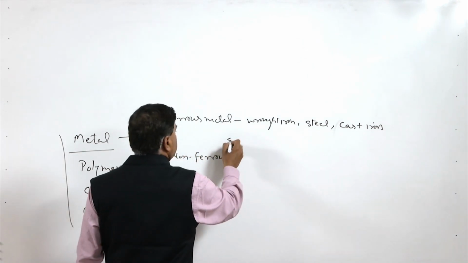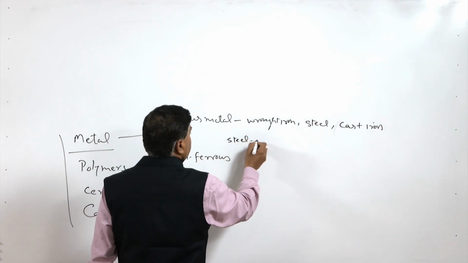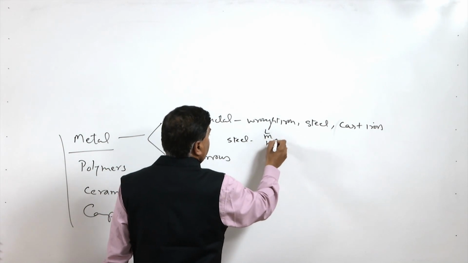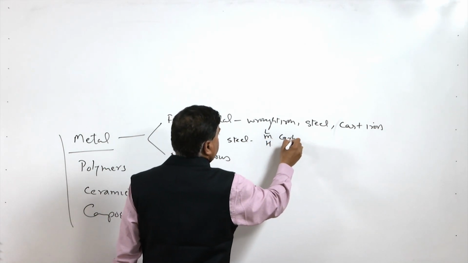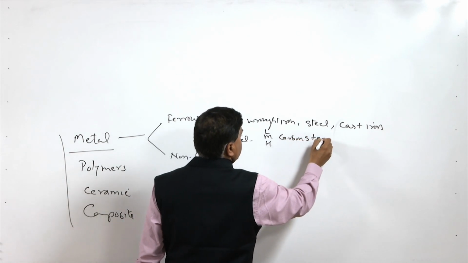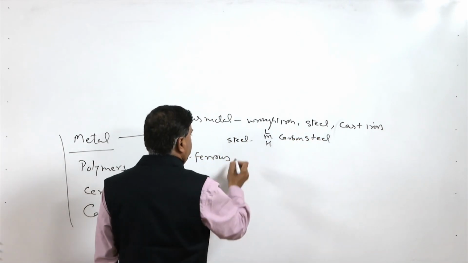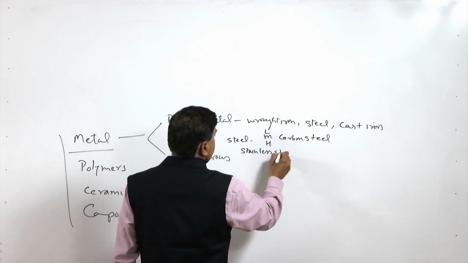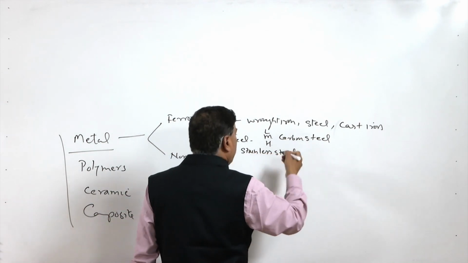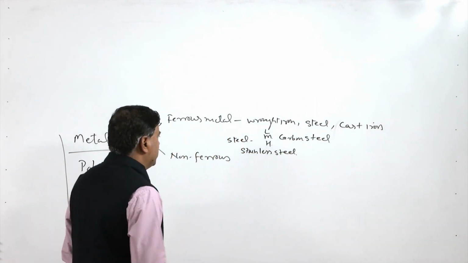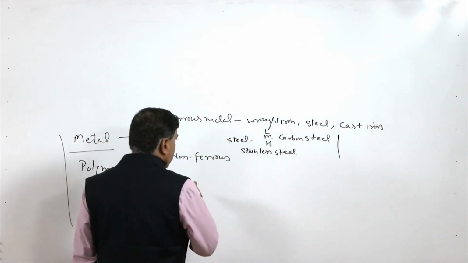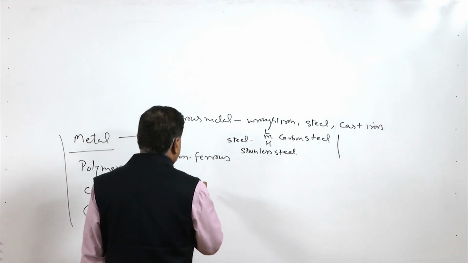And in the steels, which are extremely common, like low, medium and high carbon steels, and the stainless steels, there are a number of categories in each category of the steels.